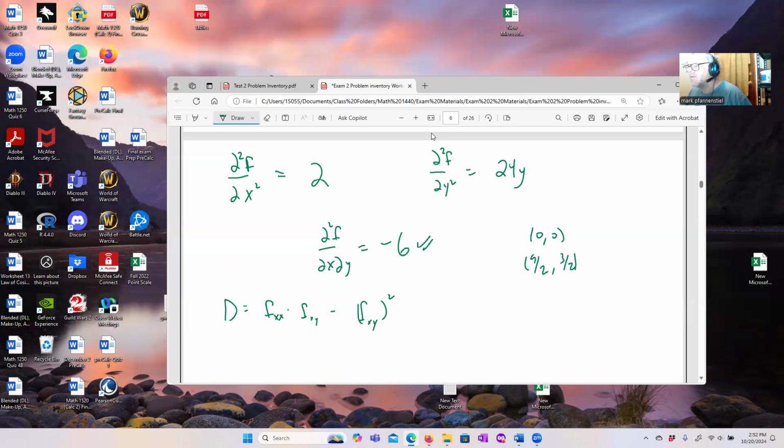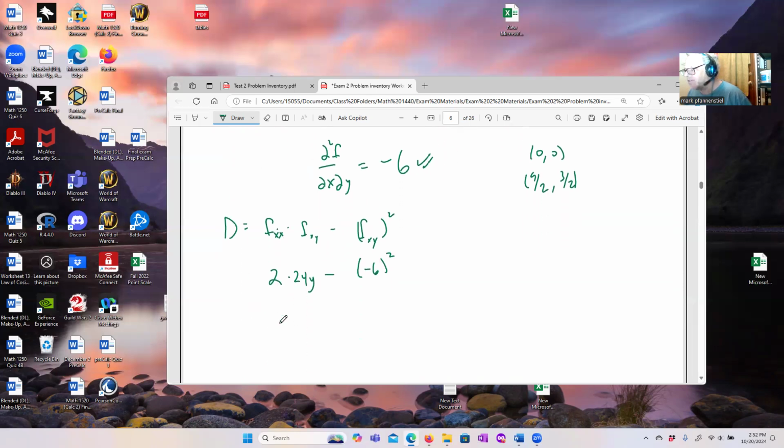So fxx, that one was tough. fyy is going to be 24y minus, and I type in the -6 squared like this. So what I have here is 2 times 24. It should give me 48y minus 36.